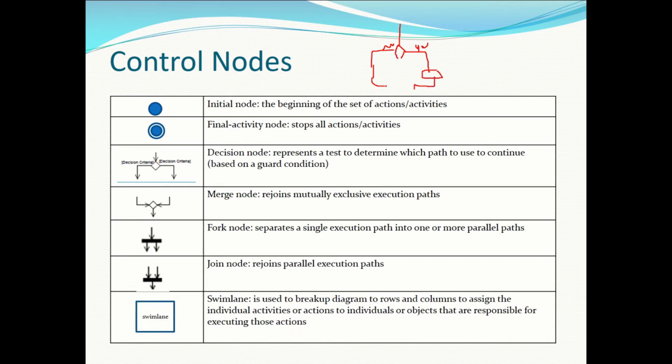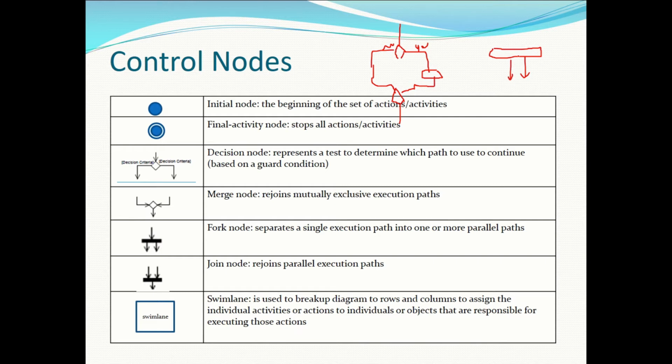The output from both of them goes into a merge. They merge together to continue the program. You can also use a fork node if you have one operation that will be split into two operations.